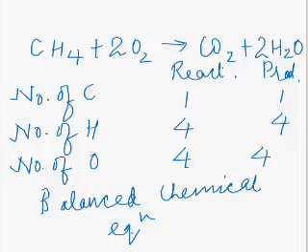Now we will make this equation more informative by indicating the physical states of the reactants and products, as well as the heat changes taking place in this reaction. So now we will make this chemical equation more informative by indicating the physical states.